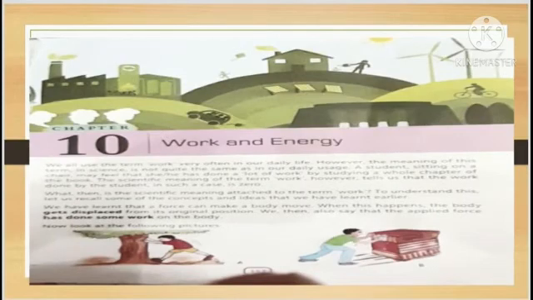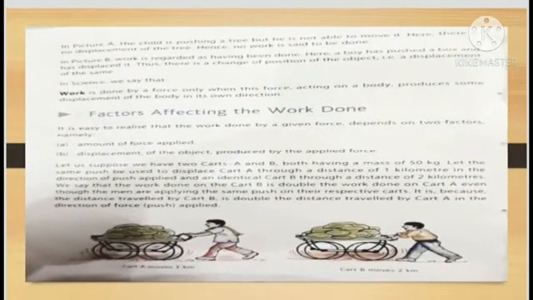We will start from page number 157, which has the actual meaning of work. We will discuss the two situations where in one situation work is not done and in another work is done. What is the difference between the two situations? That is given on page number 157.